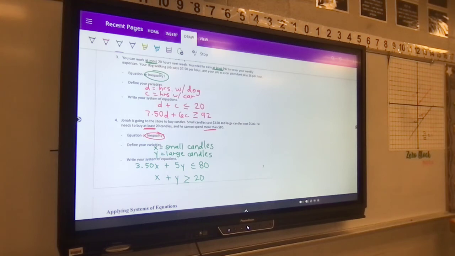So I want you to now go to page 8, and not only are you going to set up your equations, and we're not going to solve any inequalities yet, but set up your equations and then solve for the variables. Make sure you read the questions carefully, because sometimes they only need you to solve for one variable, or sometimes they want you to apply your answer. So make sure you're reading that last question very carefully to see what they want as the answer.